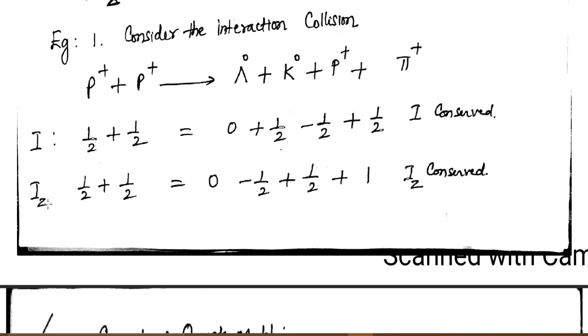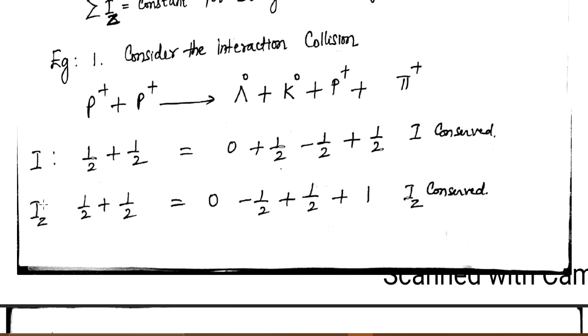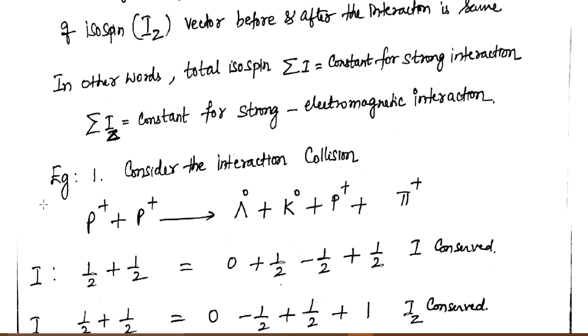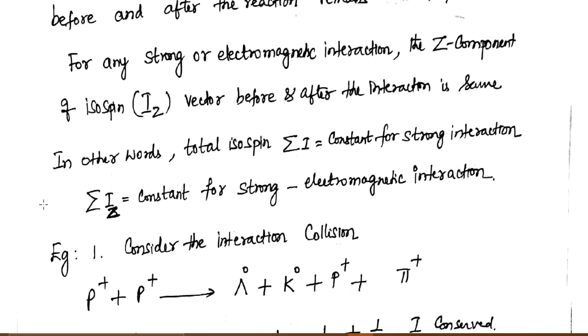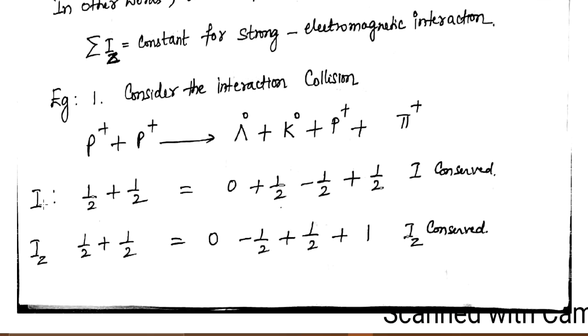Similarly, if you think of the quantum number Iz, Iz means Z component of isospin. It is half plus half for the two protons on the left hand side, and on the right hand side for lambda particle it is 0, for K0 it is minus half, for p it is plus half, and plus 1 for pi plus particle.